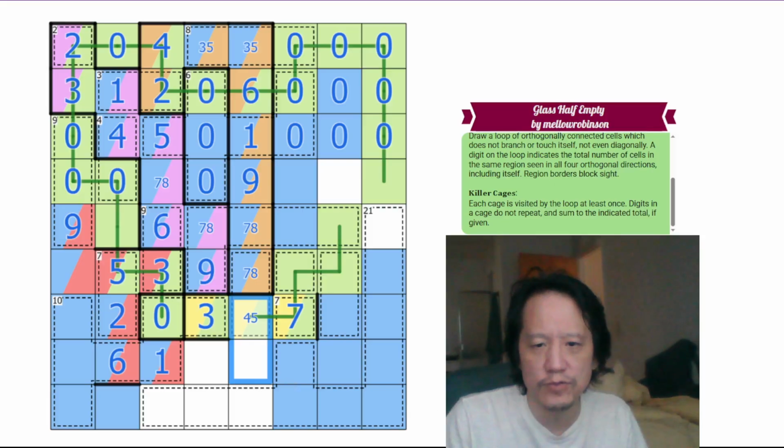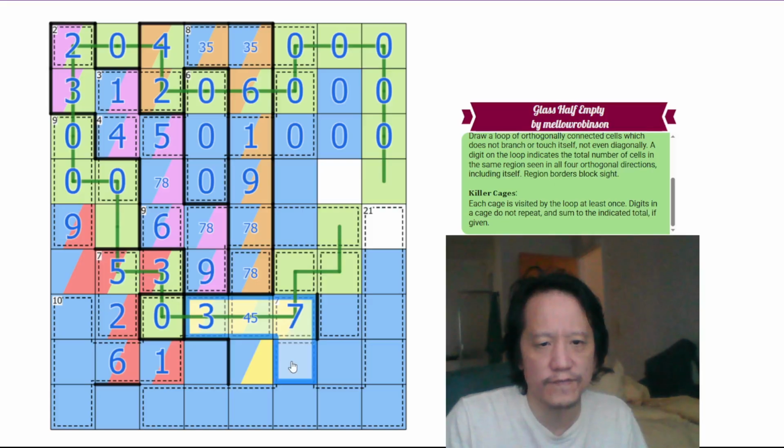This must be at least 1. So this is yellow. These are all blue, so these are not on the loop. This sees 3. This is 4, or it could be another one here. A 5. This is yellow.